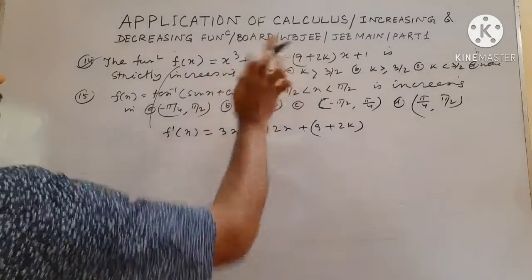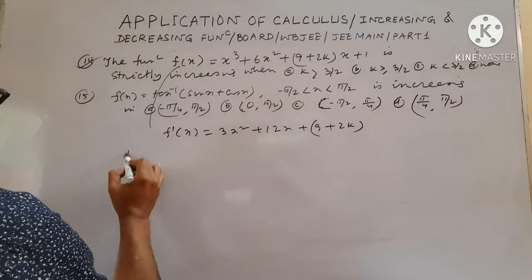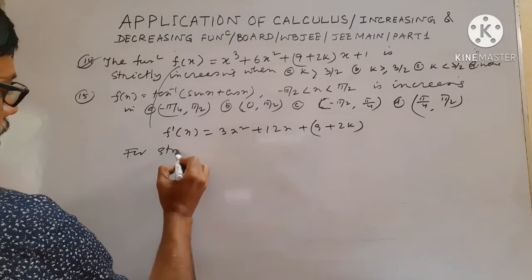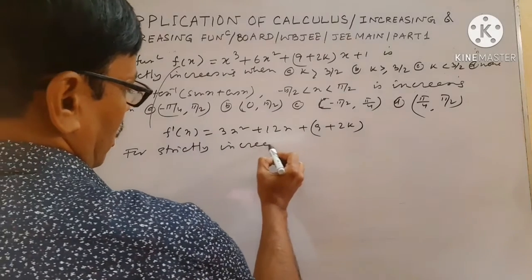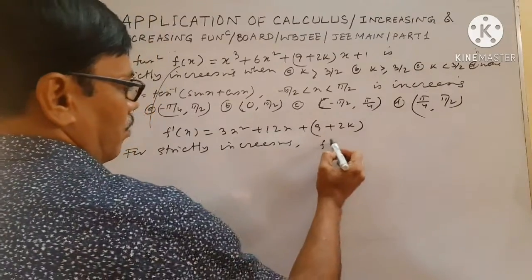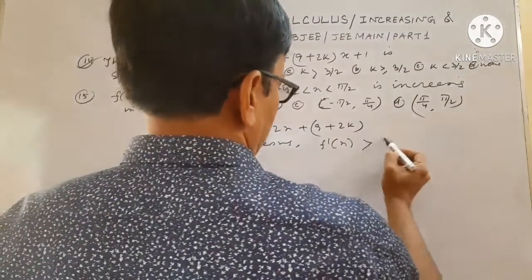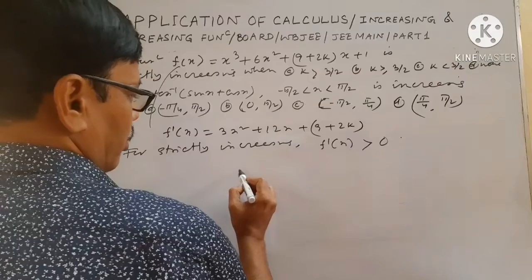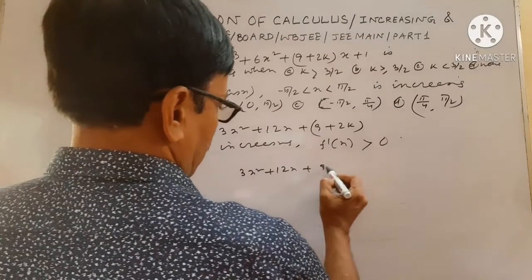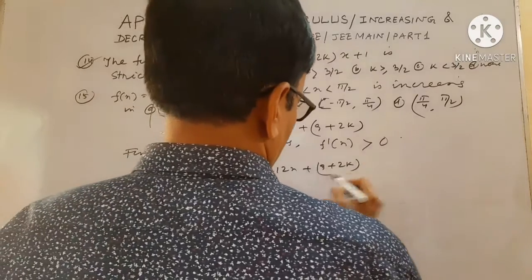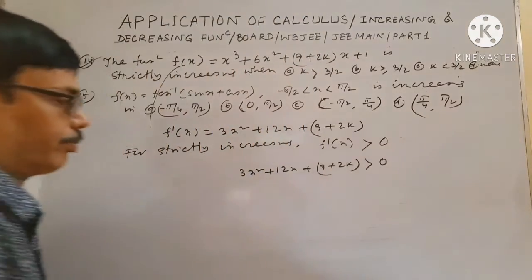For strictly increasing, f dash x greater than 0. So 3x square plus 12x plus 9 plus 2k greater than 0.